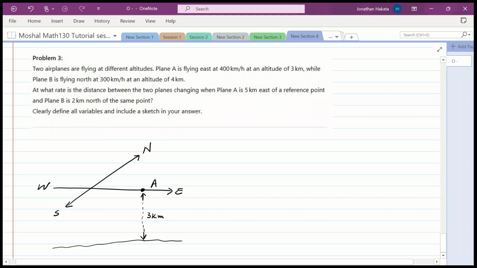All right, while plane B is flying north at 300 kilometers at an altitude of 4 kilometers. So this line, the east, or if I'm going to draw, plane B is, this is 3, so it should be 1 kilometer above.